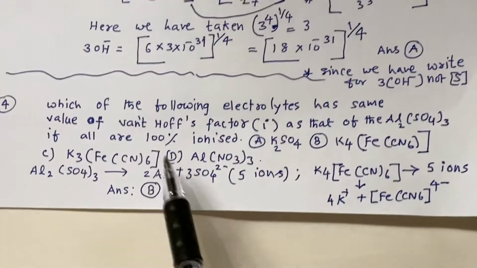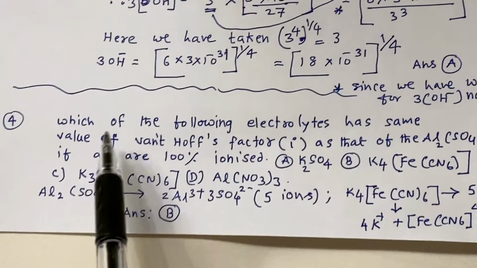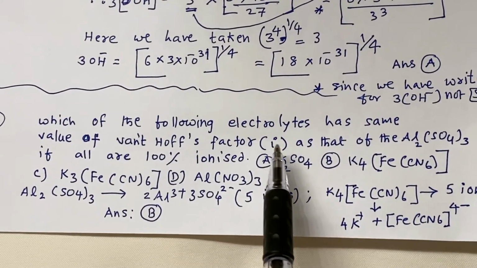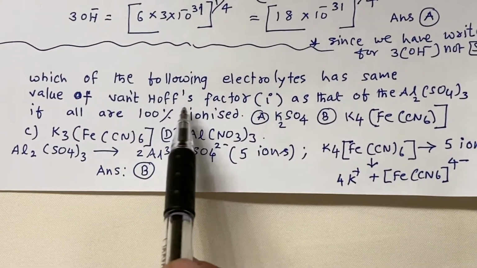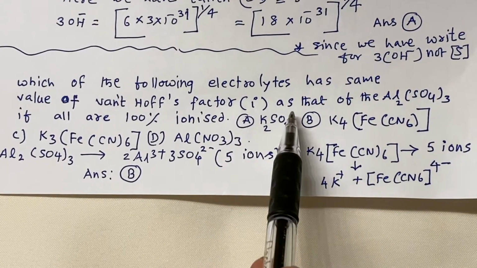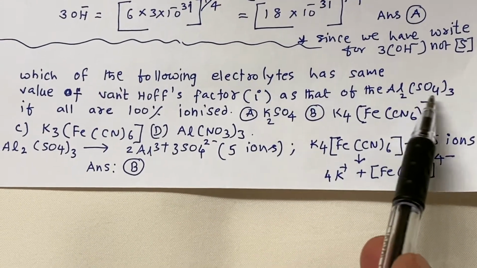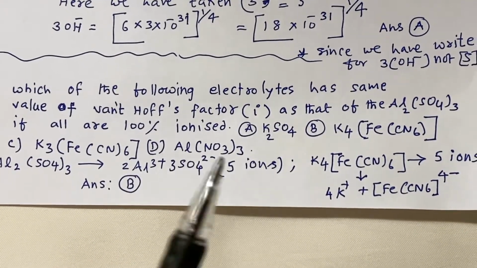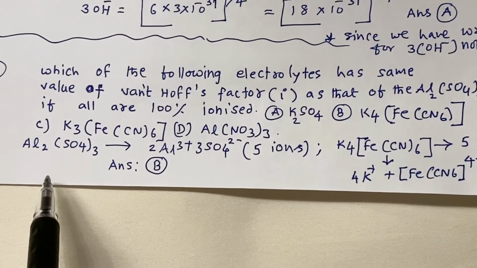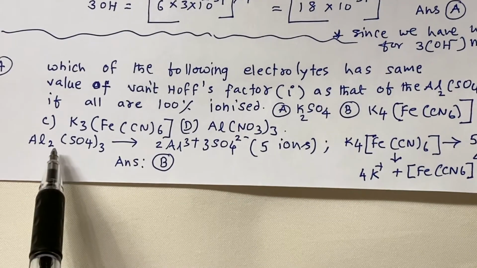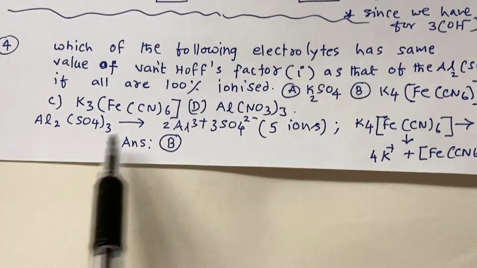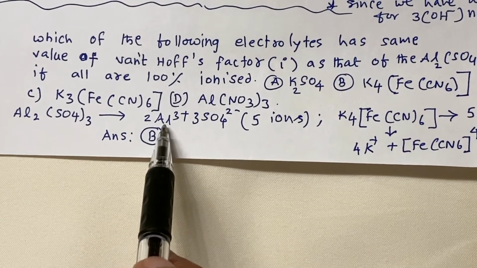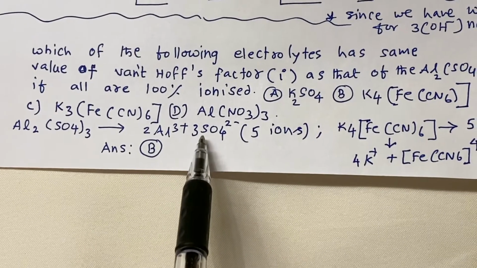So next question will be, which of the following electrolytes has same value of the Van 't Hoff factor i as that of the aluminum sulfate if all are 100% ionized? So we know that one. Aluminum sulfate dissociates into 2 Al ions and 3 sulfate ions.